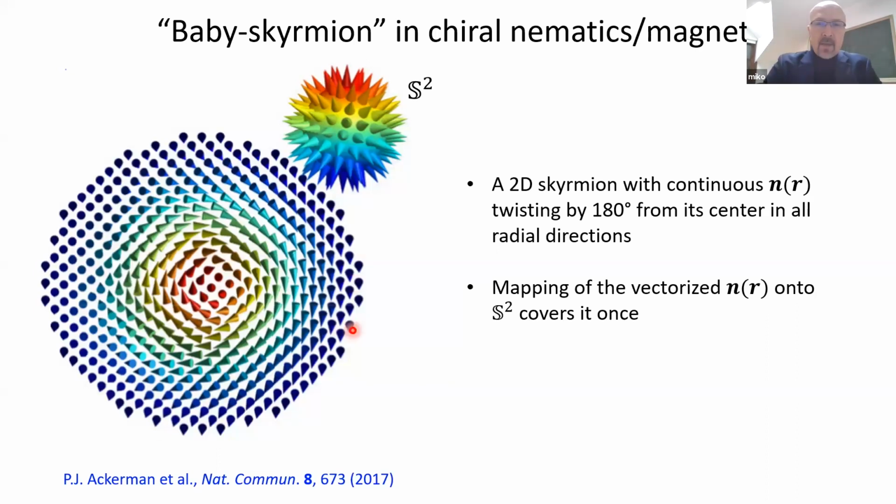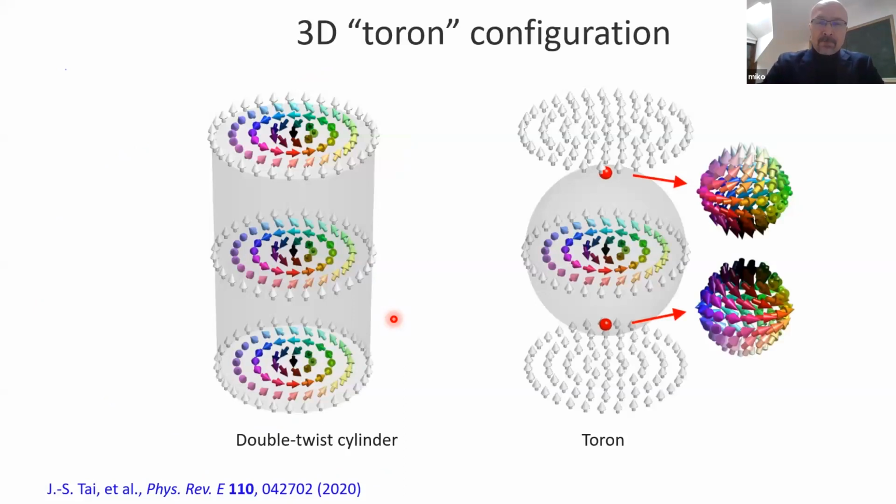But for chiral liquid crystalline magnets, this structure in some situations corresponds also to the ground state, not only topologically protected, but also physically the most stable configuration. So why do we care about these skyrmions or solitons? First of all, due to their stability and topological protection, they behave like quasi-particles. Moreover, they can even be brought to motion.